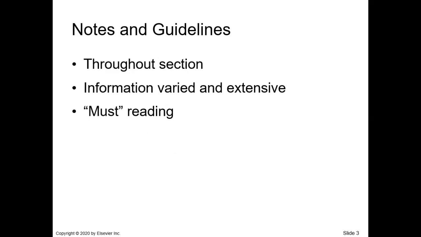Can subsections have their own notes with special instructions? Well, sure they can. You need to be aware of all the guidelines you're going to have in your green section at the beginning, or in the green part where your guidelines are. There's lots of information, but it's also going to be found throughout your chapters in your CPT.